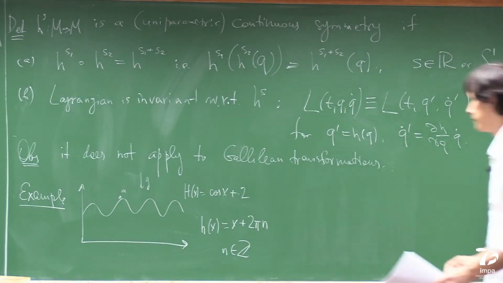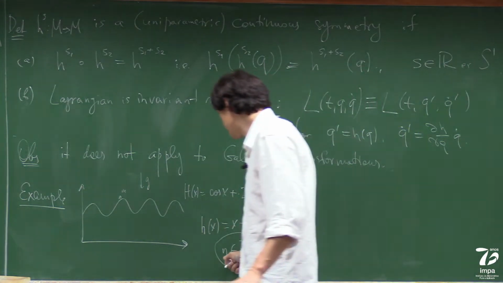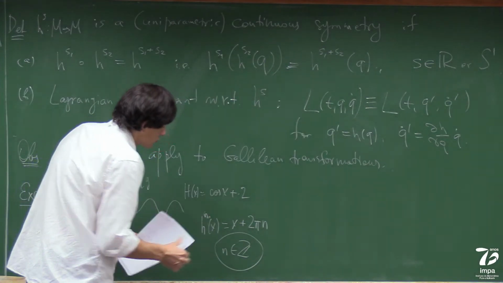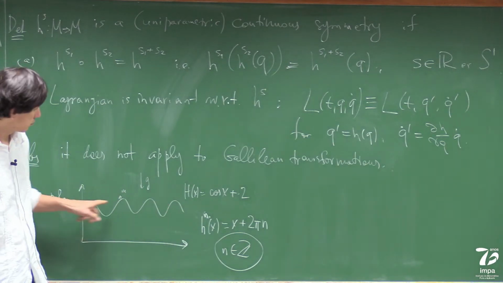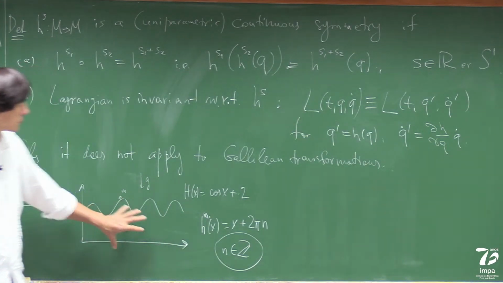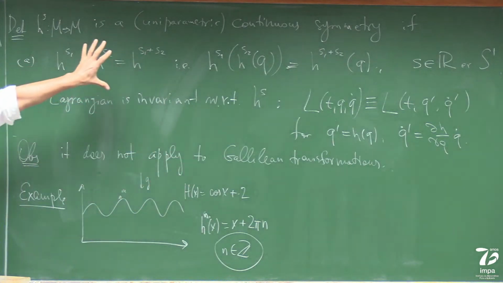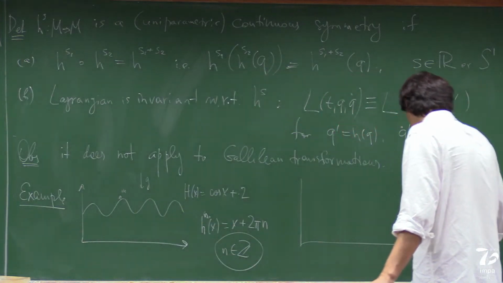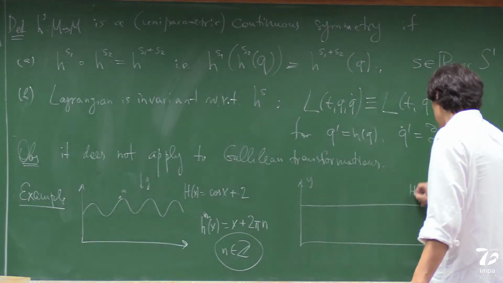But this is not a continuous symmetry, because the parameter n that we put here is not continuous. It's just discrete. This kind of symmetry, changing by discrete numbers, will not work in this case. What will work is, for example, when the potential is constant.